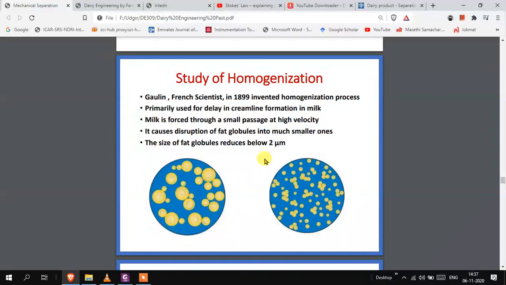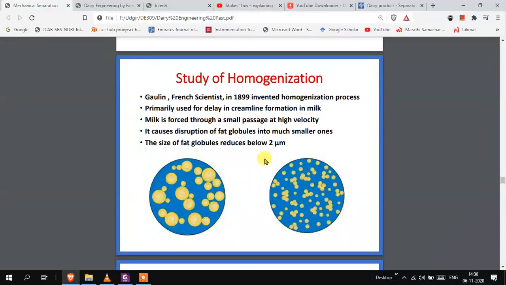So to avoid those circumstances, generally dairies apply homogenization. Some may apply, some may not apply. If you homogenize the milk, you need to mention homogenized milk. If you don't, you don't need to write homogenization. So that is all about the introduction of homogenization.